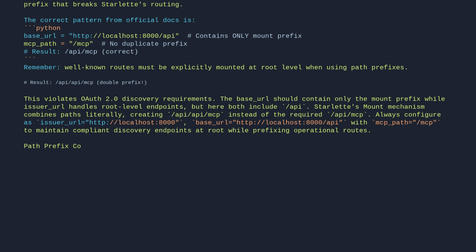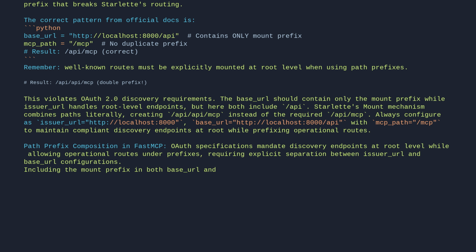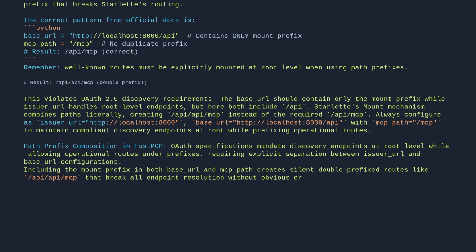Path prefix composition in FastMCP. OAuth specifications mandate discovery endpoints at root level while allowing operational routes under prefixes, requiring explicit separation between issuer URL and base URL configurations. Including the mount prefix in both base URL and MCP path creates silent double-prefixed routes like /api/api/mcp that break all endpoint resolution without obvious errors.